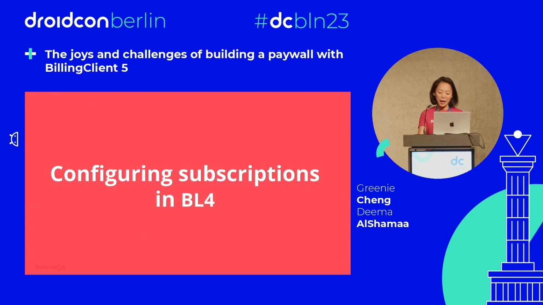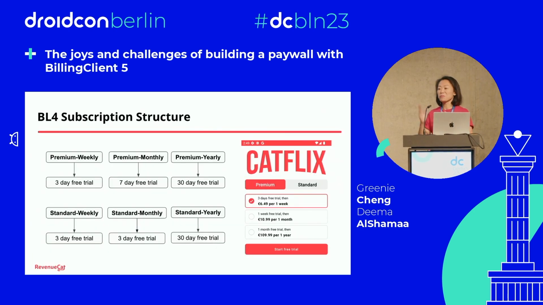So I have a sample app. So welcome to Catflix. Catflix is the streaming service for cat videos. We have a premium service, which is obviously 4K cat videos. So this is how our Billing Library 4 currently is structured. We have premium, we have standard, we have a weekly, monthly, yearly subscription.